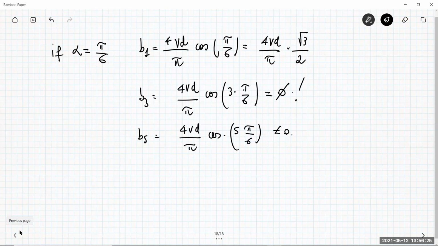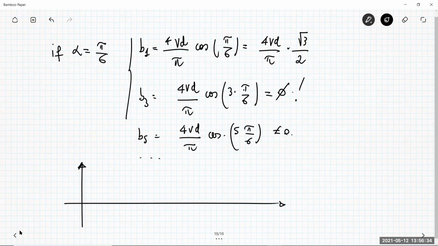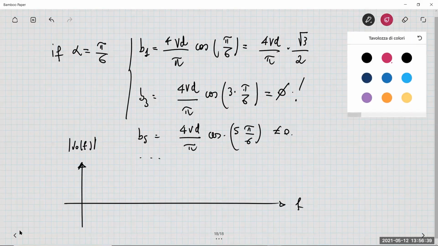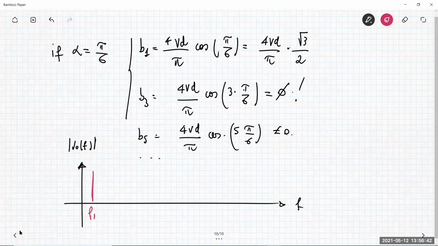But basically, etc., etc. If I choose to have this alpha, my output spectrum is a little bit simplified because I have F1, I have no more 3F1, I have 5F1, and then I have 7F1, 9F1, etc., etc. But basically I have no harmonic here.